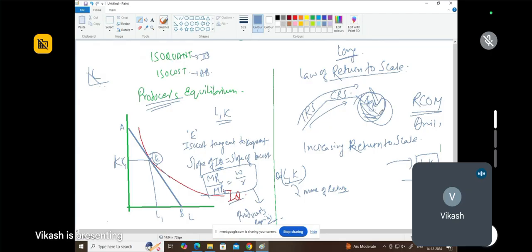And what happened with the company in late 2010? The company collapsed, as we all know. If any company falls into DRS, it is the beginning of a disaster, and later the company will collapse and dilute. So every company wants to be in IRS or CRS.